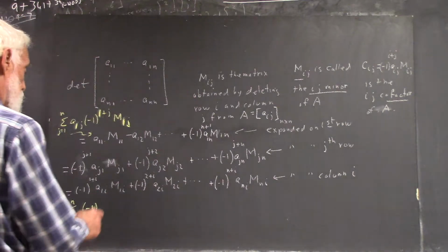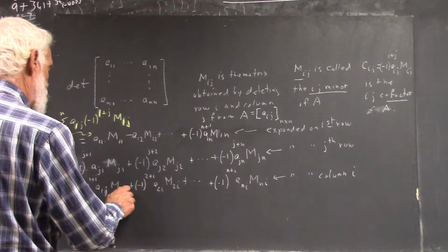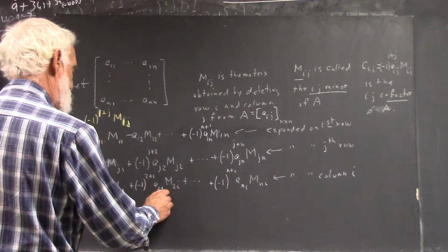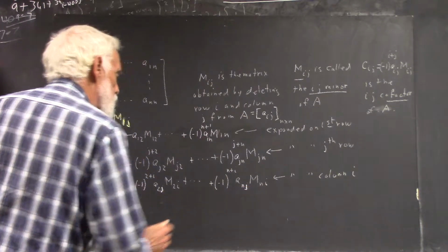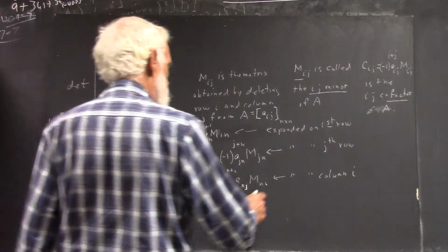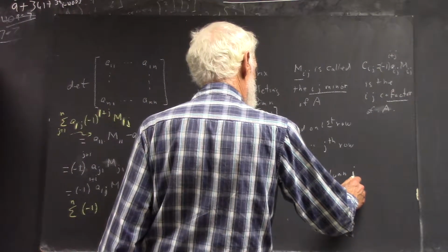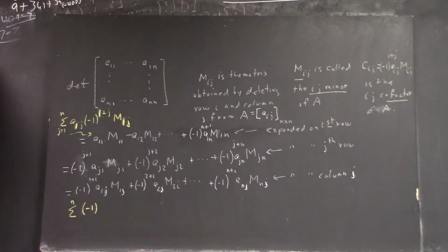Since I'm doing this one, just to avoid confusion, I'm going to change all my I's to J's. And if there's any confusion in this one, write it out with I's instead of J's, right?